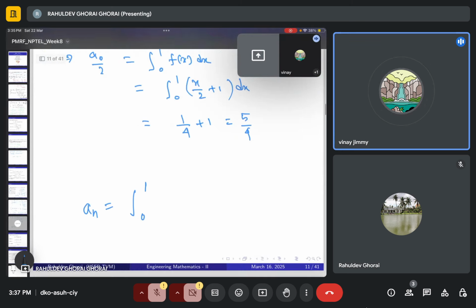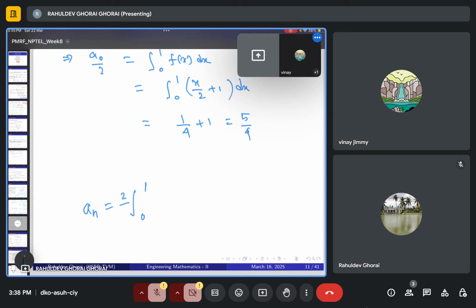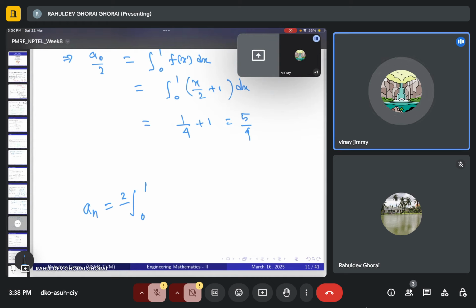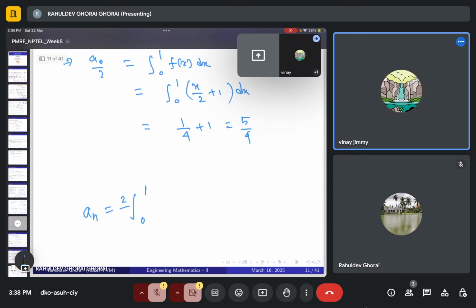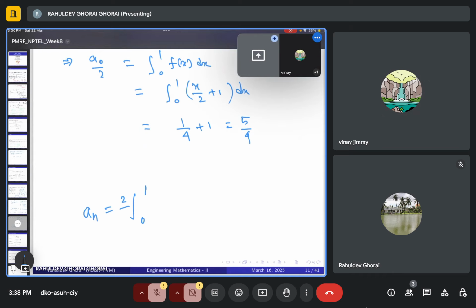Sir, 2 by lambda, 0 to lambda bound, f(x) cos n pi x by lambda dx. No, I don't understand. 2 by the upper bound limit. What is the bound? 0 to 1.